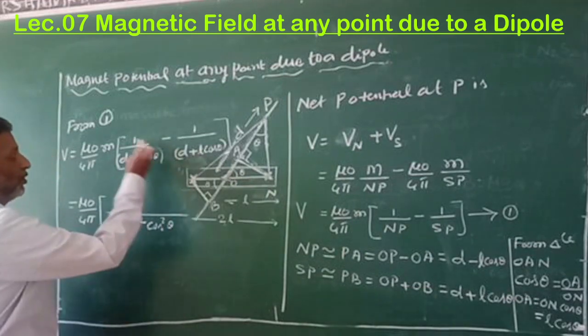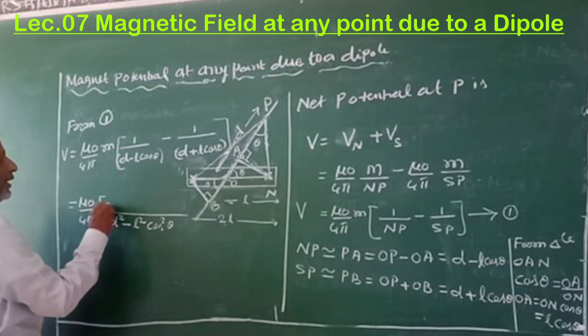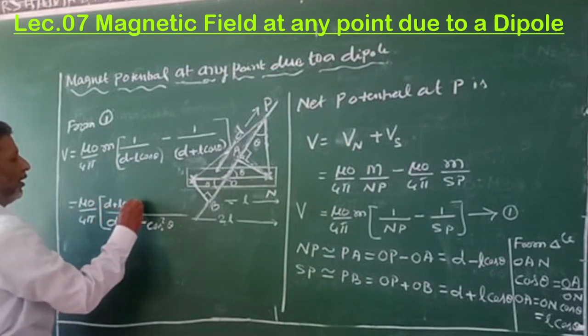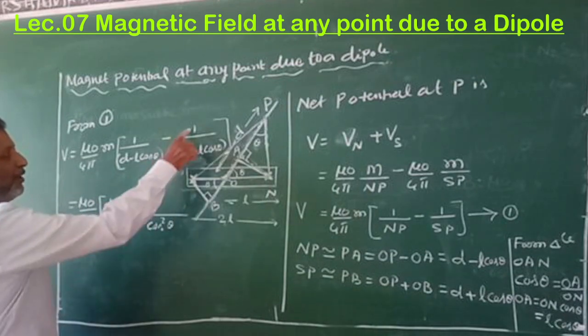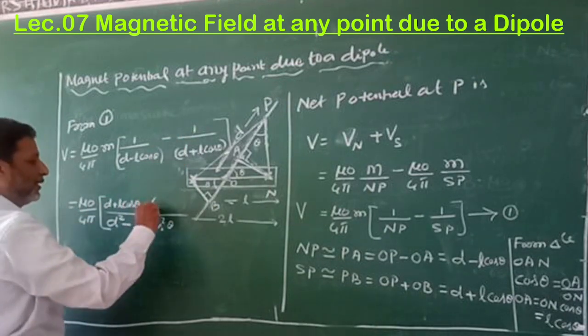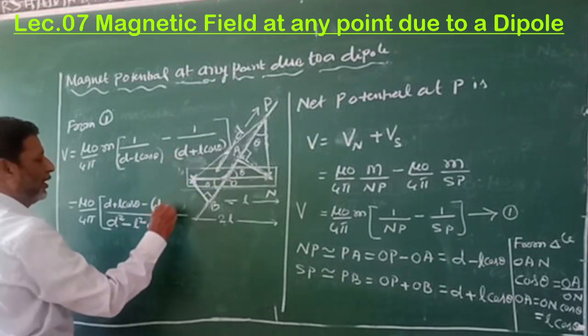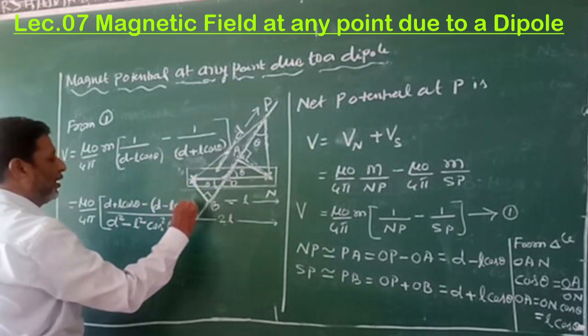Next, this factor comes here, D plus L cos theta minus, and when you apply the minus sign, you get D minus L cos theta.